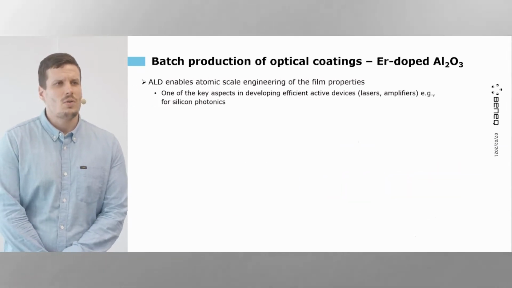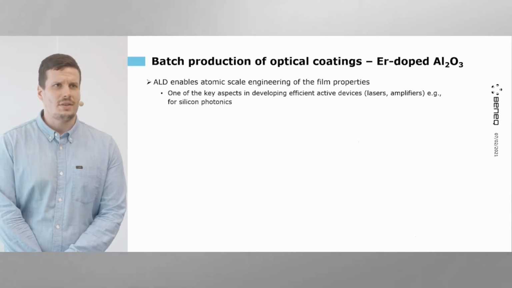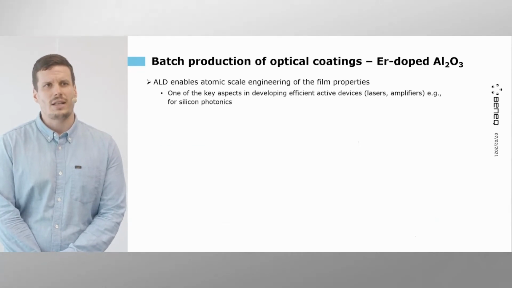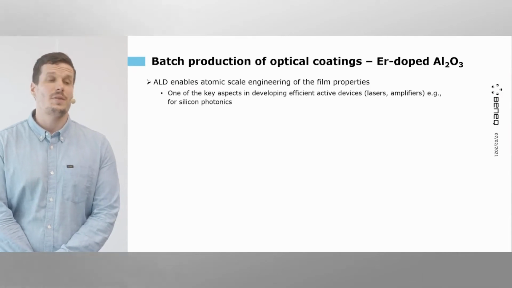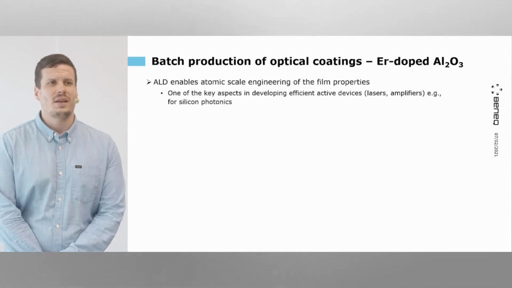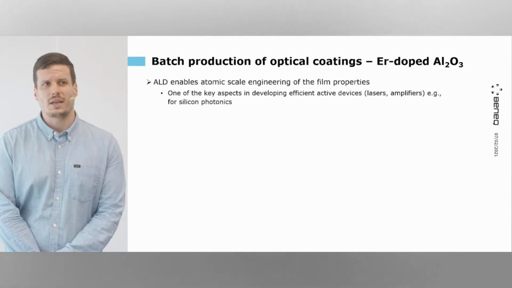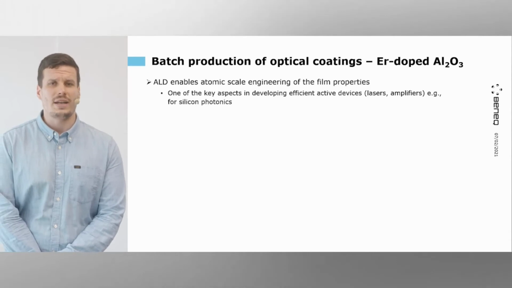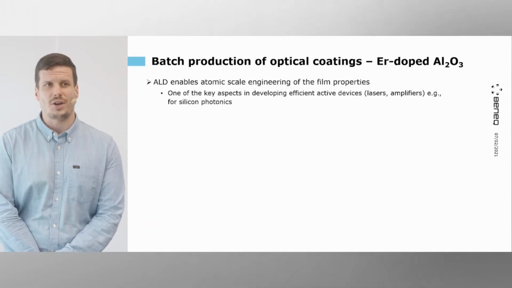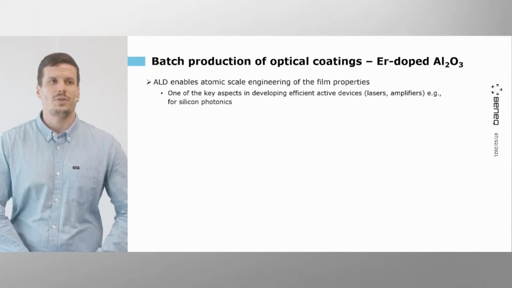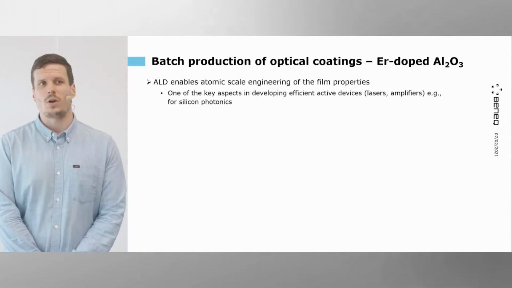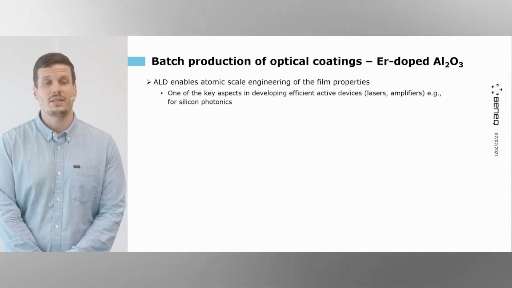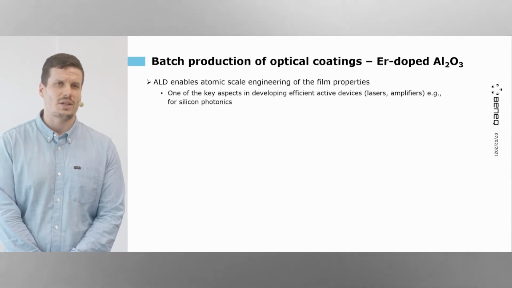So let's now move into a completely different example, from macro scale to nanoscale. As Sami mentioned in the previous section of this presentation, the layer by layer growth mechanism of ALD also enables one to specifically engineer the material properties of the deposited films. This is one of the key aspects in developing efficient active devices, such as lasers and amplifiers, for example.